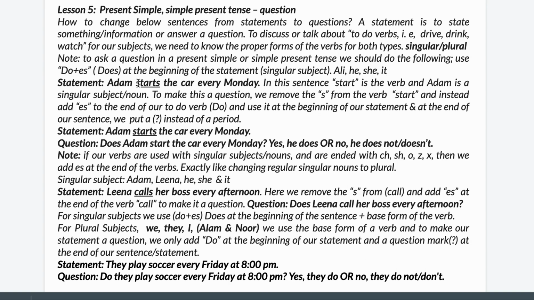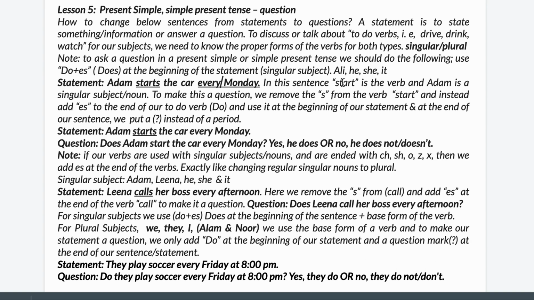You guys should remember that we spoke about present tense, an action or activity that we do repeatedly or at a particular time on regular basis. So that's what we call present tense. So here every Monday is a particular time, and it talks about this thing happens all the time, but at a particular time or on a particular day, which is every Monday.